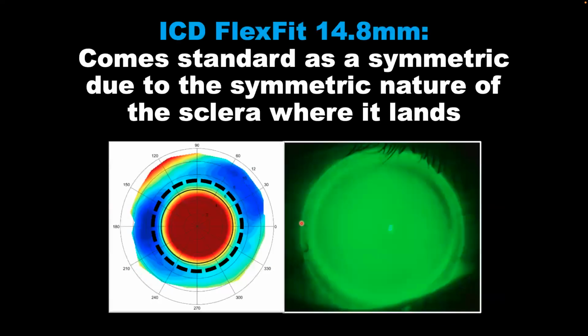So the ICD Flexfit 14.8 comes as symmetric, like it says there, due to the symmetric nature of the sclera where it lands. Because, like I was telling you before, the lens is resting more near the limbus, and that's a more even shape of the sclera.